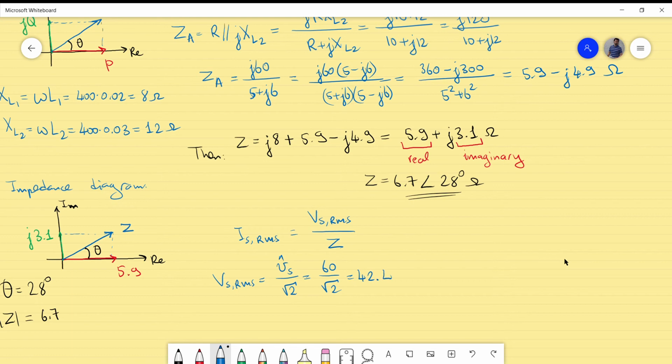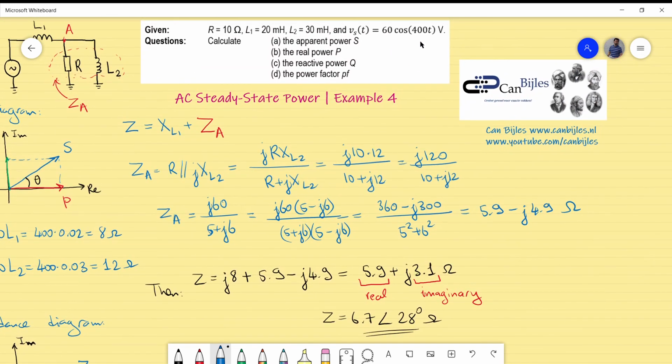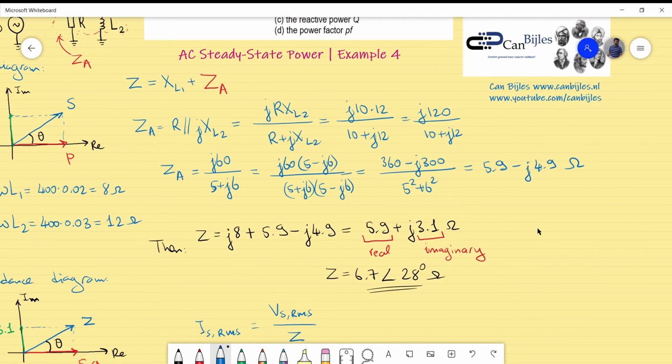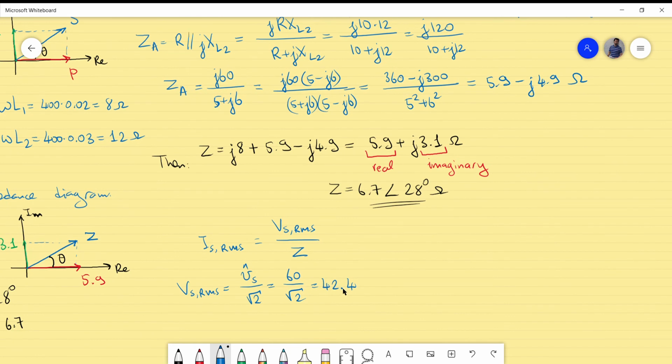42.4. And since we are using phasor notation, and this has a phase orientation of 0 degrees, I can use the magnitude of 42.4 volts and phase 0 degrees. So I can now calculate the IS in RMS, which is equal to 42.4 phase 0 degrees divided by 6.7 phase 28 degrees.